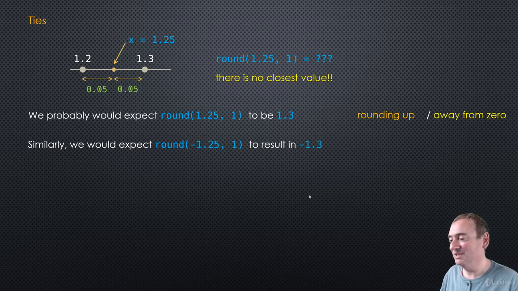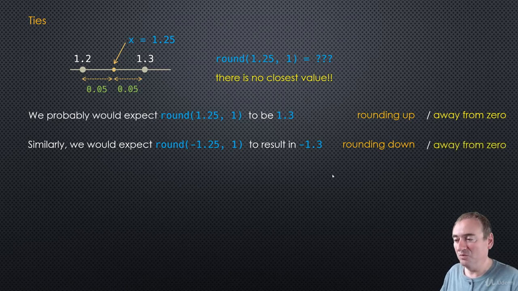They always cause problems. So if we have round of negative 1.25, 1, we would expect the result to be negative 1.3. In other words, we've rounded down. We've rounded away from 0, right? We were at negative 1.25, and we've now moved a slight step away from 0 down to negative 1.3.